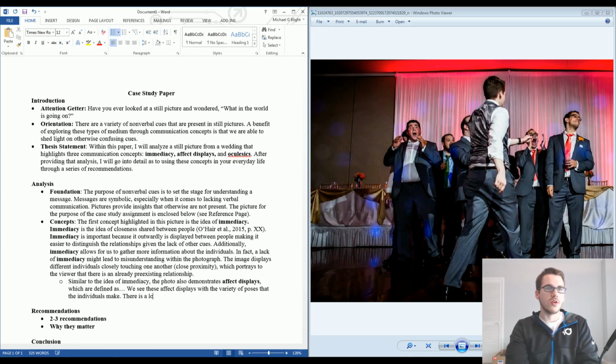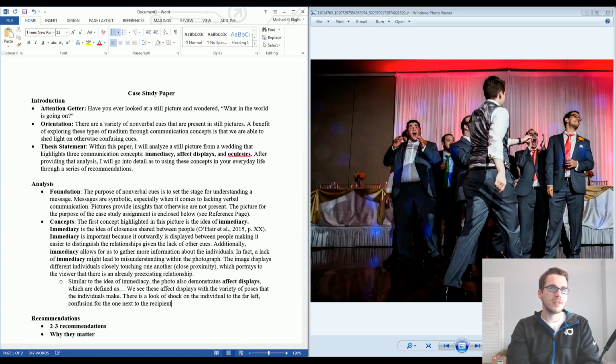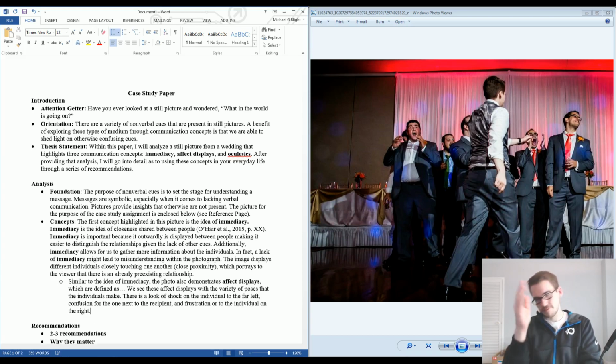There is a look of shock on the individual to the far left, confusion for the one next to the recipients, and frustration, or whatever it is that you want to attribute it, to the individual on the right.